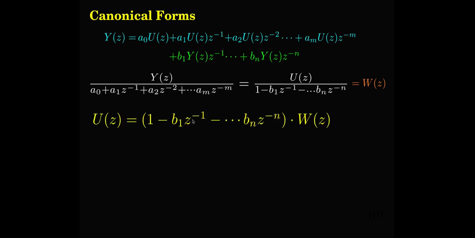Now from this formulation, U(z) will be equal to W(z) into all these terms. So 1 minus b1 z to the power of minus 1 up to bn z to the power of minus n, into W(z), is U(z).